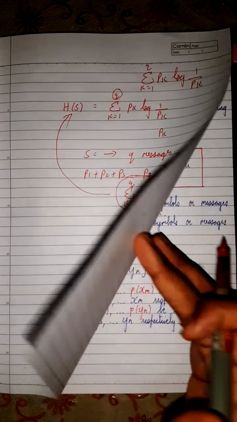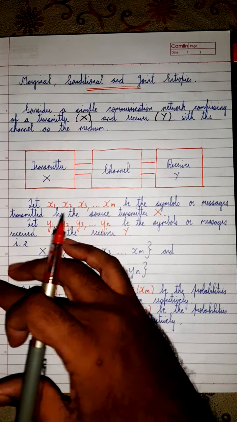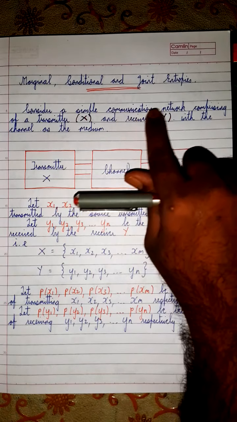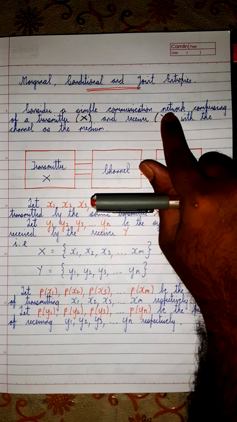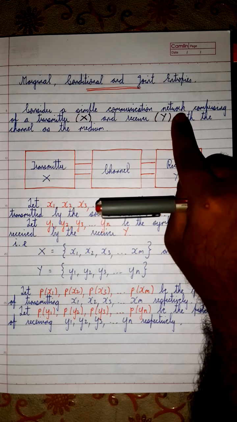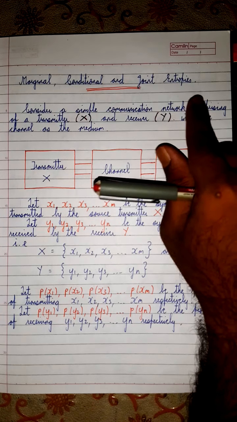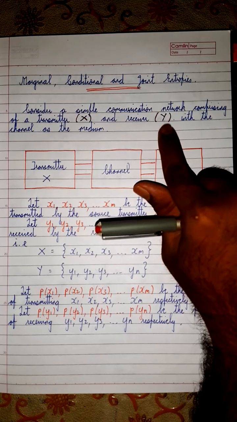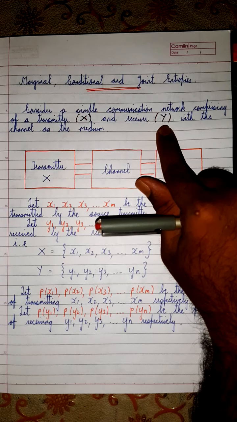In order to see the different types of entropies, I first consider a very simple communication network. A simple communication network consists only of a transmitter, a channel and a receiver. Here I'm going to name my transmitter as X and my receiver as Y. Letters are very important.